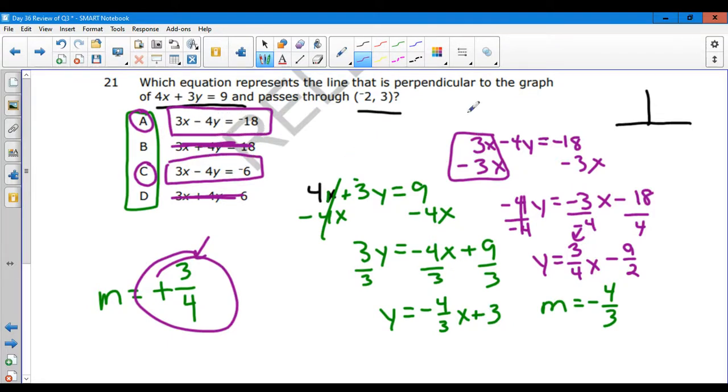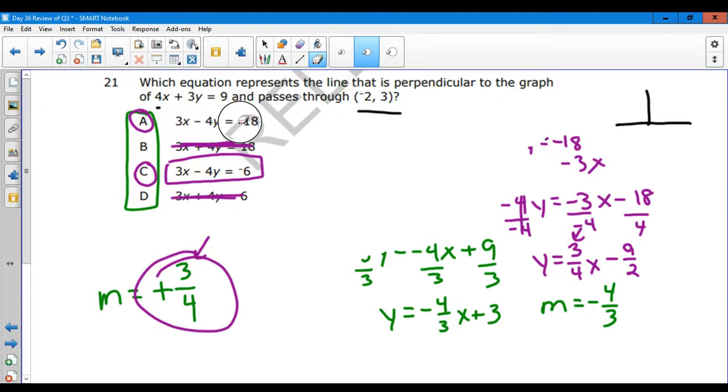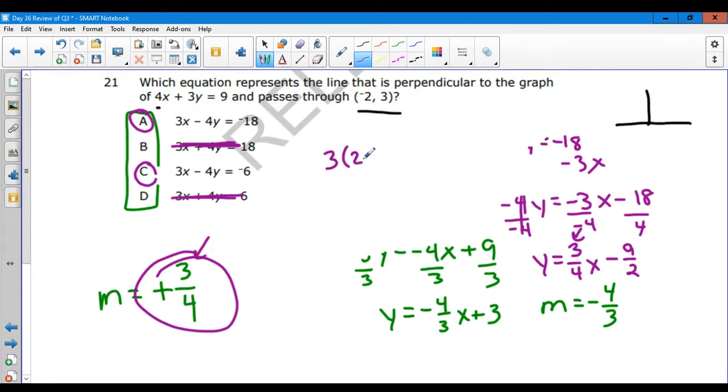And now all we have to do, which is kind of nice, all we have to do is put the negative 2 and the 3 in for x and y and see where it works. So if it works in this equation, I'm done. So I'm going to put negative 2 in for the x and the 3 in for the y.